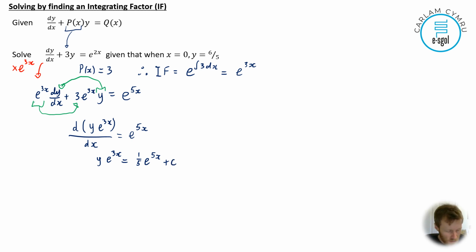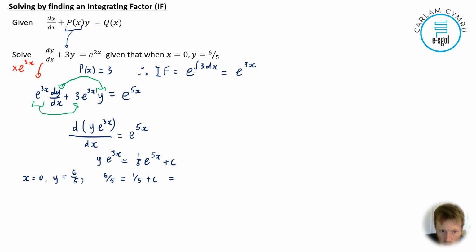Because we've been given some initial conditions, we should use them. So when x is 0, y, it says, is 6/5. So that gives us, what's that going to be? It's going to be e to the power of 0, so that's going to be 1. So we get 6/5 equals, and then x is 0, so it's e to the power of 0, so we get 1/5 plus c.